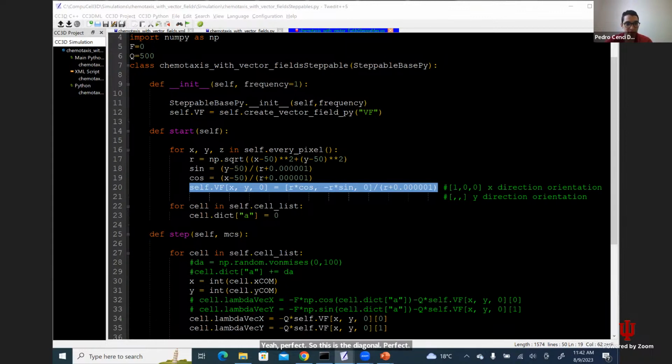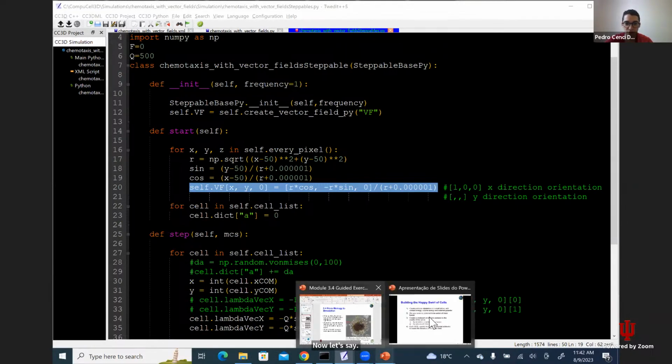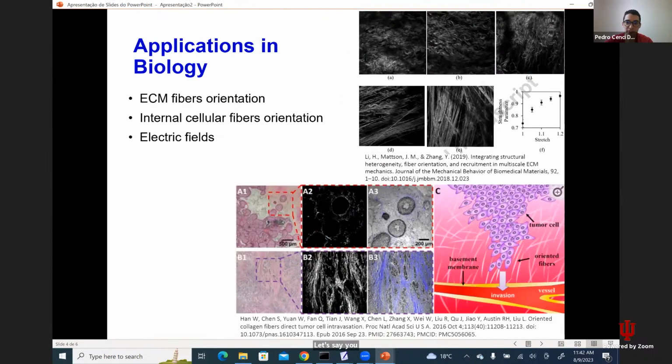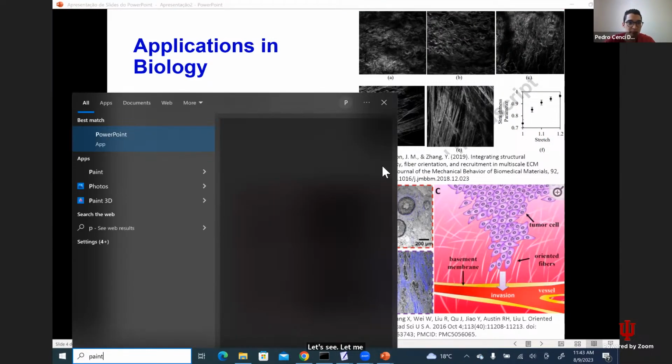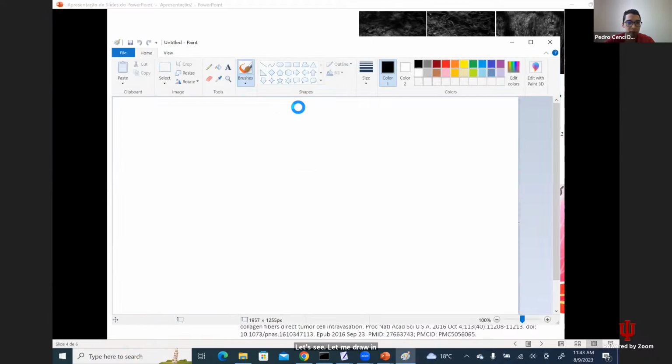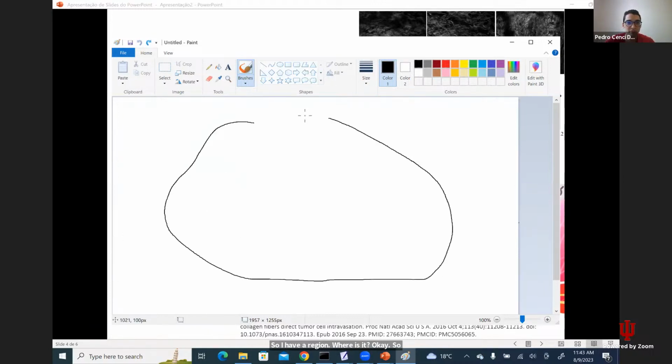Now let's say you want to build a matrix like, let's see. Let me draw in paint. So I have a region here. I have my cells crawling randomly inside this region.